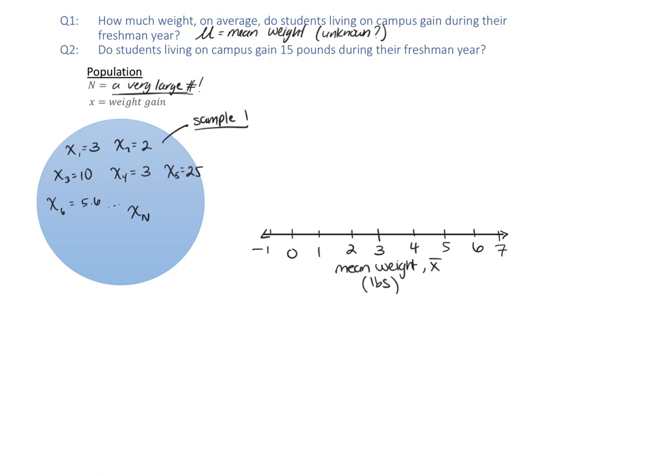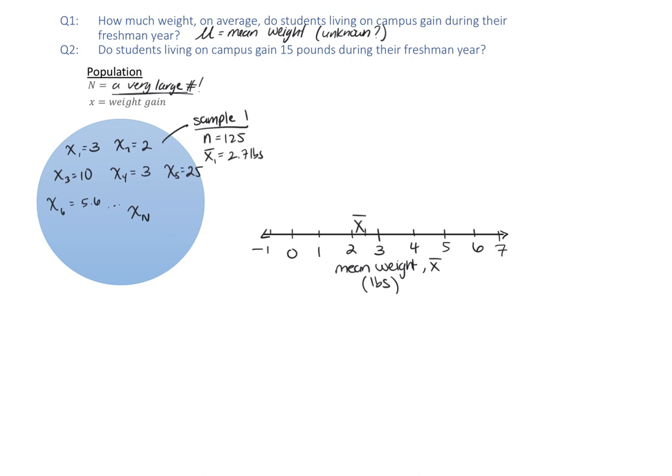I take a sample and let's suppose that that sample consists of 125 of these values, so 125 freshman students. And then we find out that the average weight gain for those 125 students is, let's say, 2.7 pounds. Then we can plot that on the distribution on the right. I'll call this X sub 1, and I can plot X sub 1 somewhere near here.